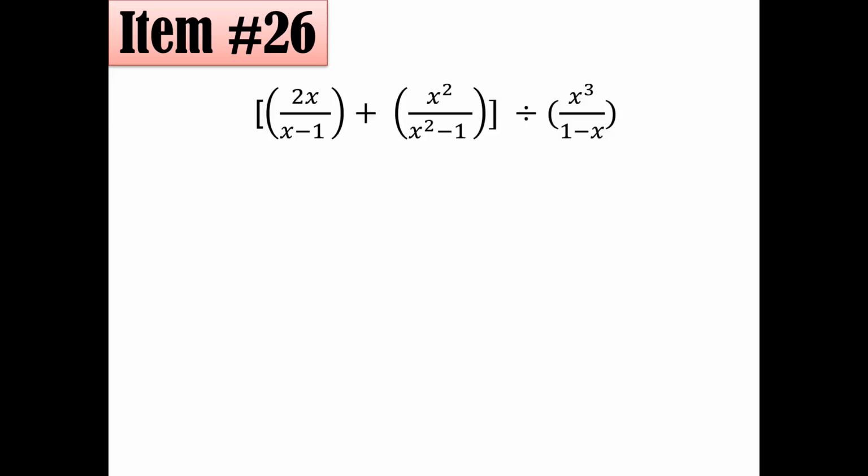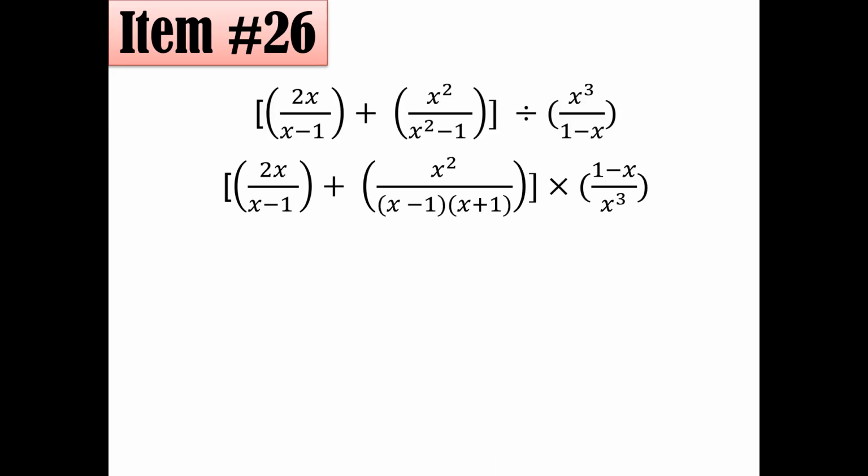So from here, no, I suggest it would be better if we simplify first muna, we have to add these two first, no? So yung ginawa ko, in this one, this x squared minus 1 becomes x minus 1 and x plus 1. Finactor lang siya.